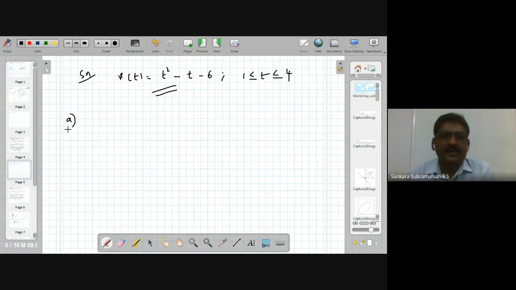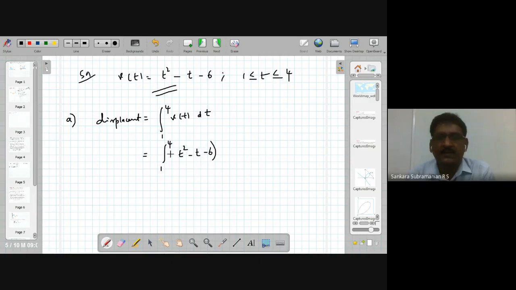Now let me find the displacement. Displacement is equal to the integral from 1 to 4 of v of t dt. So this is the integral from 1 to 4 of t square minus t minus 6 dt. This is t cube by 3 minus t square by 2 minus 6t, with the limits 1 to 4.